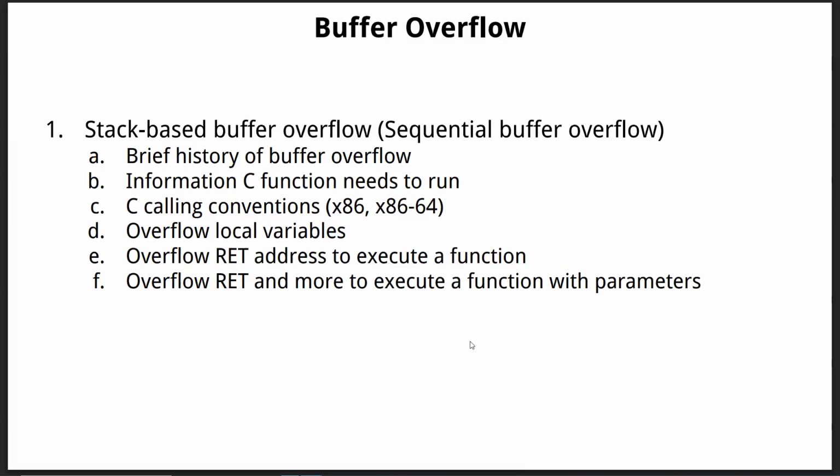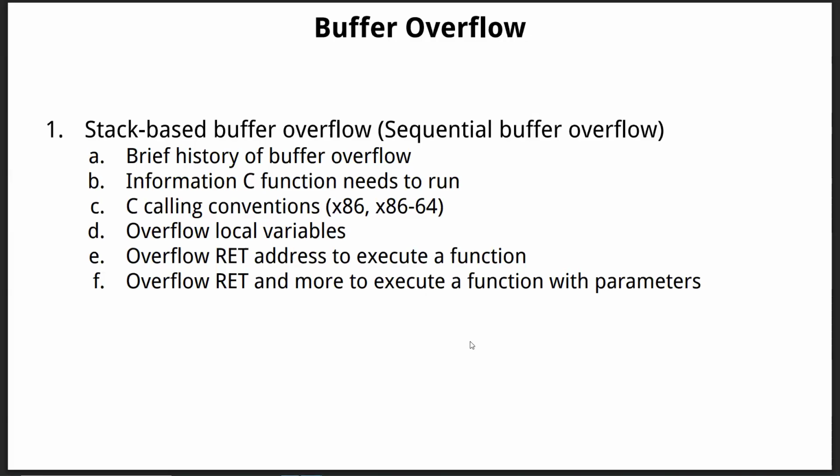Next week, we will talk about how to overflow the return addresses. The return address is something on the stack, and it's where your function returns to. So it points to code. It's a code pointer. If we modify that address, then we can return to any place we want, or we can even inject some code there and make the CPU execute our code.